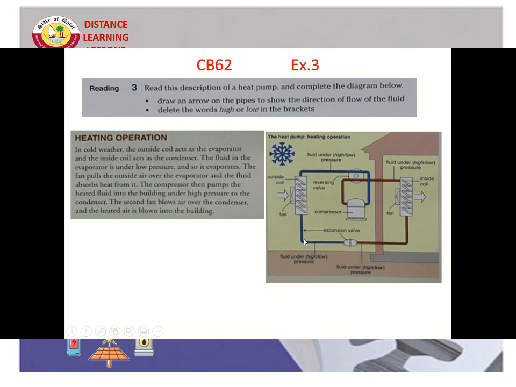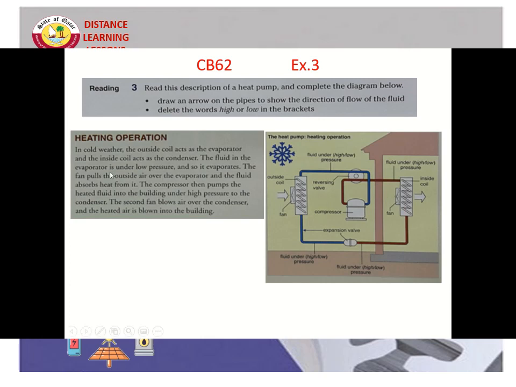Now pause the video, guess the direction and the words that you need to delete. Then read the text and compare the two answers. Good luck. All right. Now let's check the answers together.